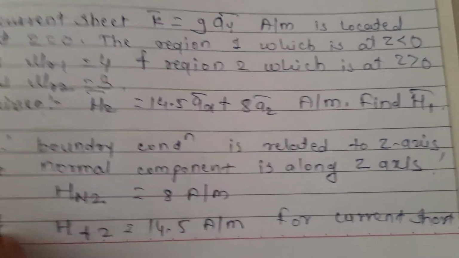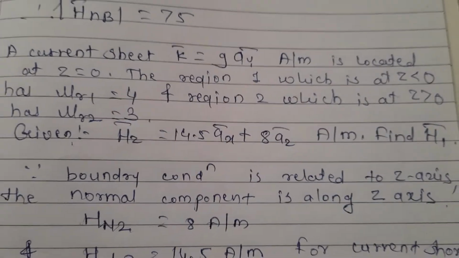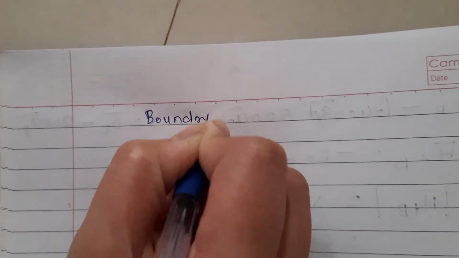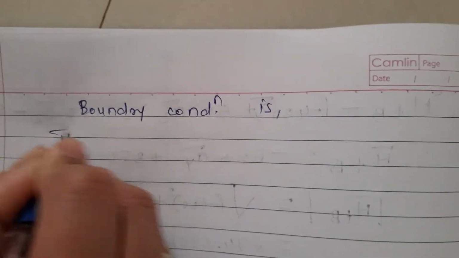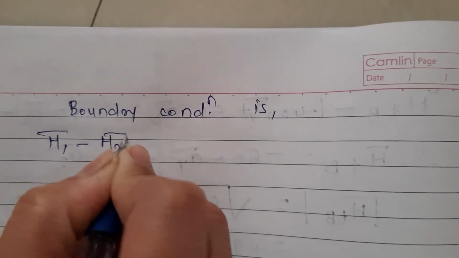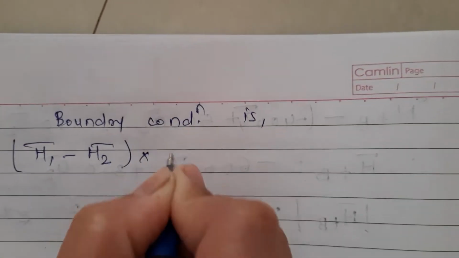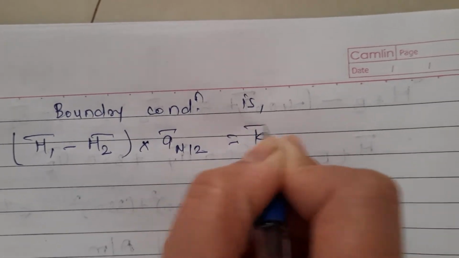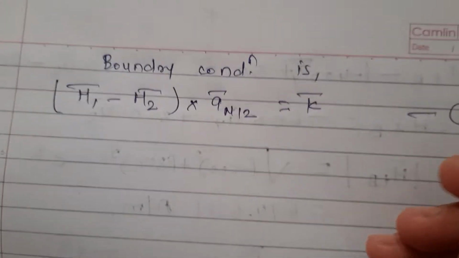For the current sheet, the boundary condition is, we write here, equation 1.